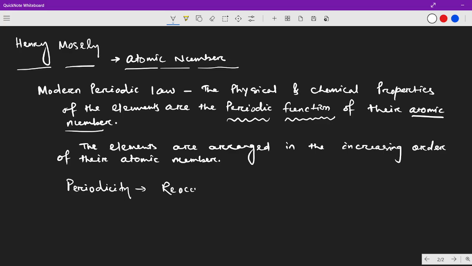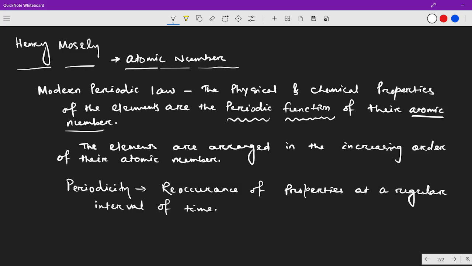The reoccurrence of properties at a regular interval of time. So this is what periodic or periodicity means. In standard 9 or standard 10 you have studied about groups, how all the elements in a group follow the same properties. So this is basically periodicity. I hope you understood this concept.